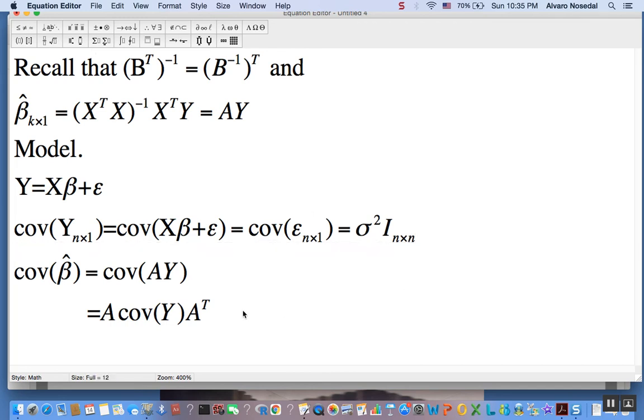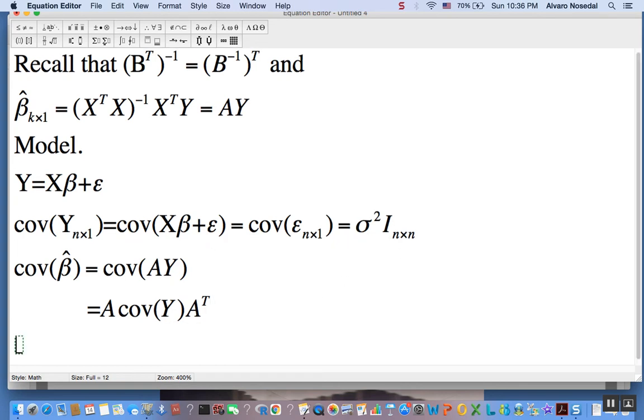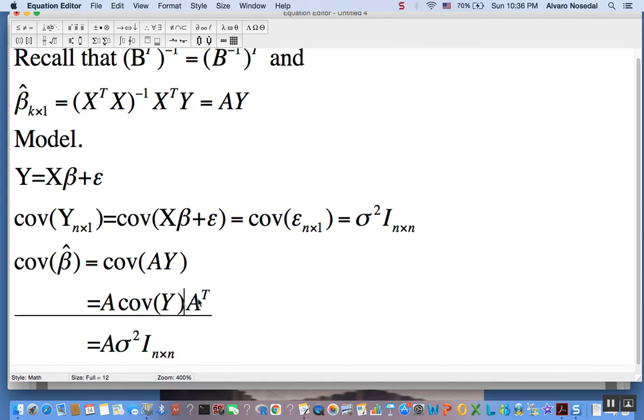Okay, so now we have the covariance matrix. So we have A times sigma square times the identity matrix times A transpose.